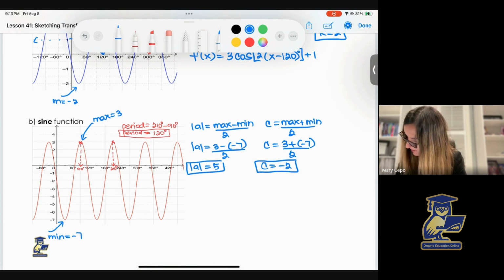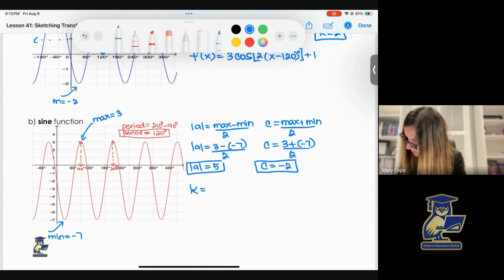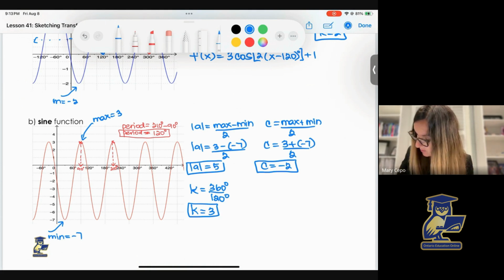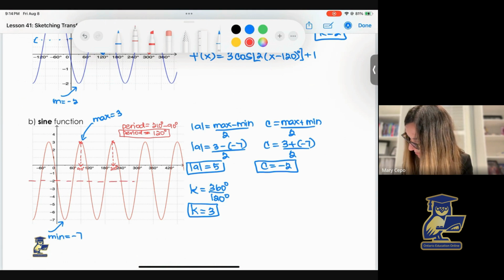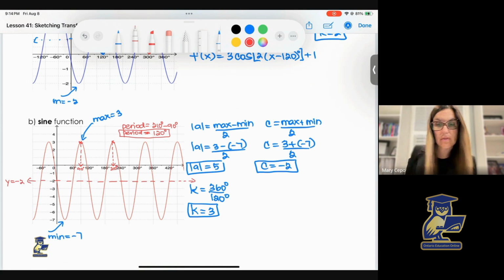So therefore, we can say k is equal to 360 divided by 120. So this k is equal to 3. Now, because we already have the equation of axes, I'm going to say it's negative 2. Keeping in mind that when you're using the sine function, it always starts at your equation of axes.